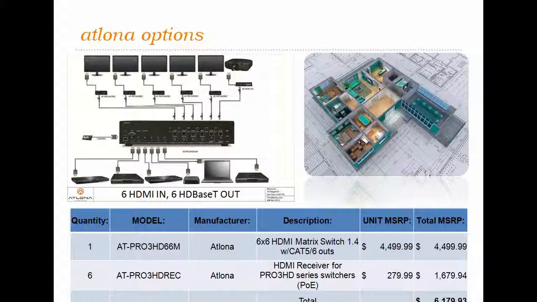If we're talking about 3D, right now all of the Atlona matrix devices and HDBaseT devices are set to pass 3D with no issue. If we're talking about 4K, now we're upping the resolution a bit, which means we're upping the bandwidth. When we go to 4K, all of the HDBaseT extenders that are out there will pass 4K.